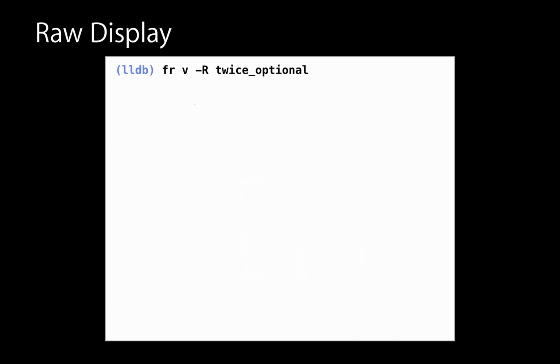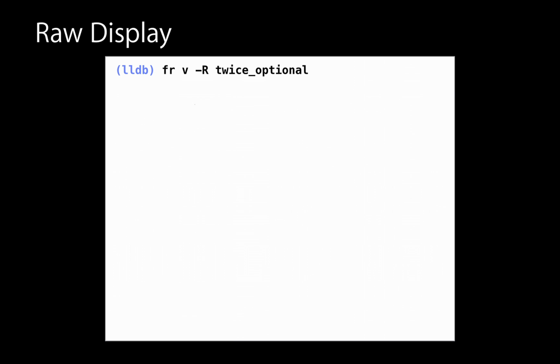In those cases, you want to look at your data, but you don't want to be running code that could change the state of your app as you look at data. You can use the frame variable command to say, show me one variable, show me a bunch of variables, show me all my locals, without having to execute code. And that is the frame variable command.